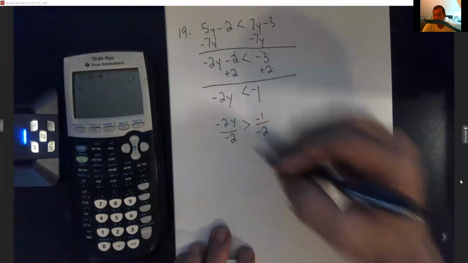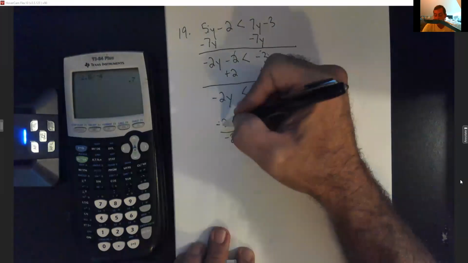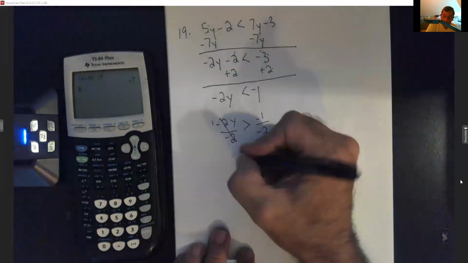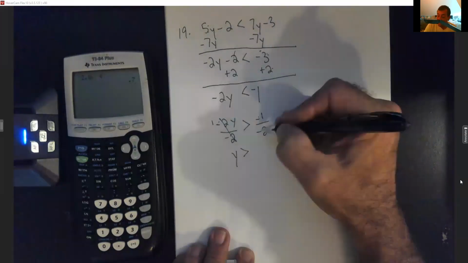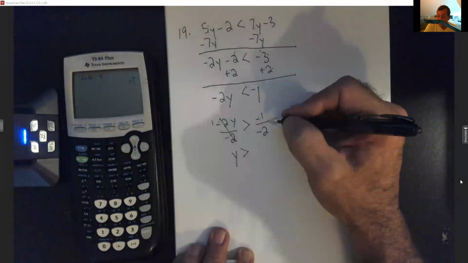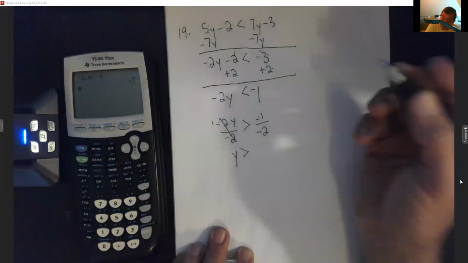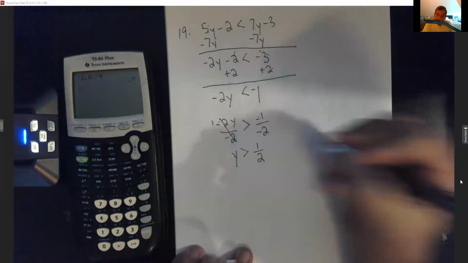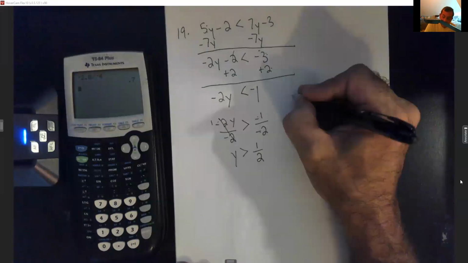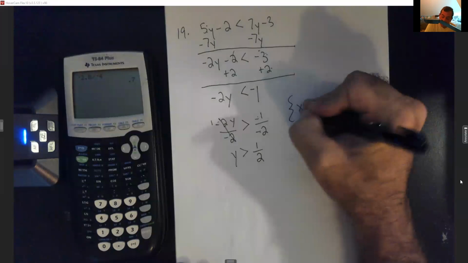So watch this. Negative 2 divided by negative 2 is a 1y greater than. Negative divided by negative makes that a positive. And then let's see, 1 divided by 2 will not reduce. So we get a positive 1/2. So here you go. X such, oh, that's a y.